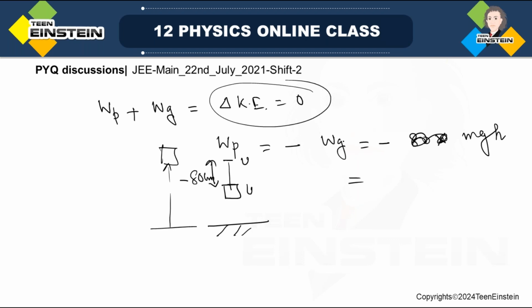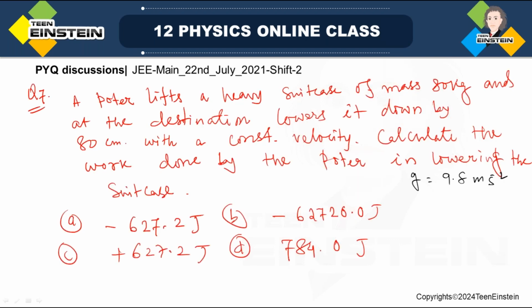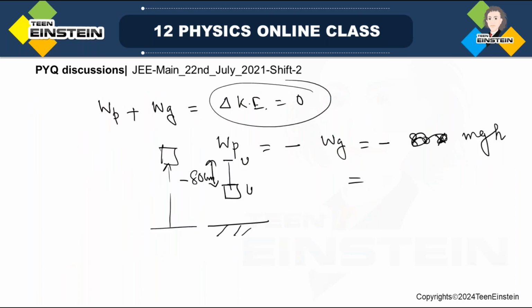We know the mass of the heavy suitcase is 80 kg, right? So m is 80 kg, g is 9.8, and 80 centimeter is 10 to the power minus 2, so that will cancel with the 10 to the power minus 2.